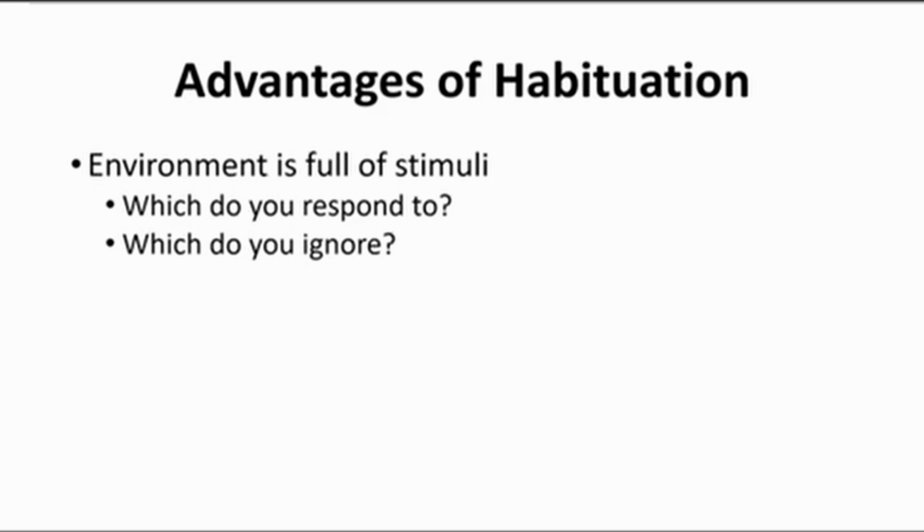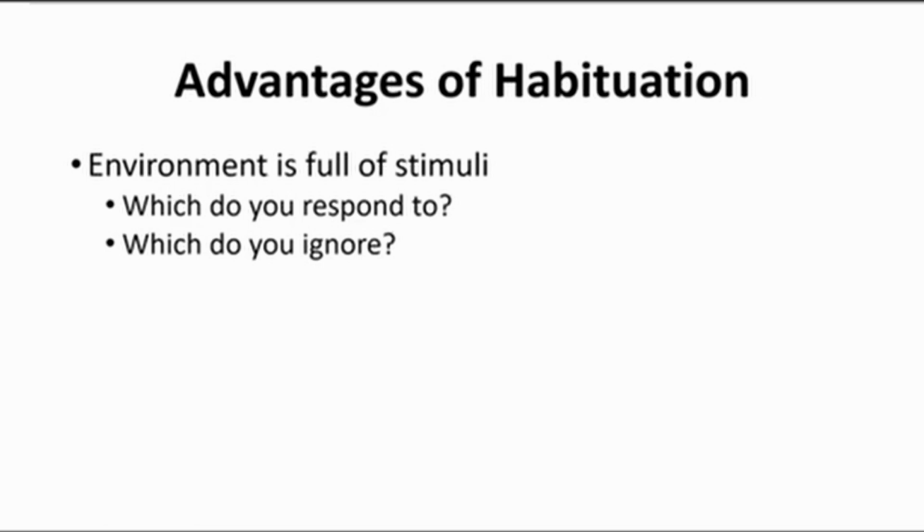In the wild, in most environments, you're not really going to be concerned about stimuli that are always there. If you live in a neighborhood that has a whole bunch of woodpeckers, and woodpeckers aren't a predator to you, then the sound of woodpeckers pecking on trees isn't supposed to be something that you pay a lot of attention to. It's not a threat, it's just background noise. So it would be adaptively useful to habituate to that sound because it doesn't tell you anything useful.